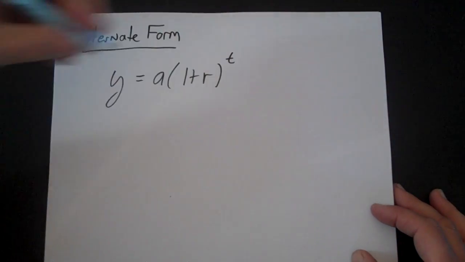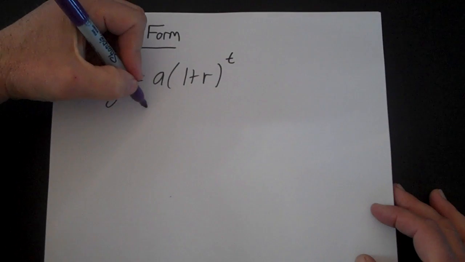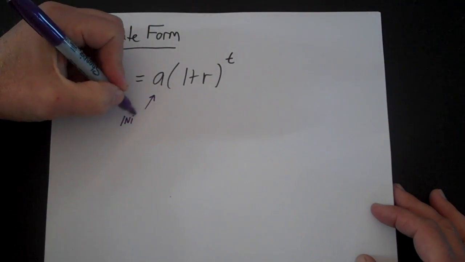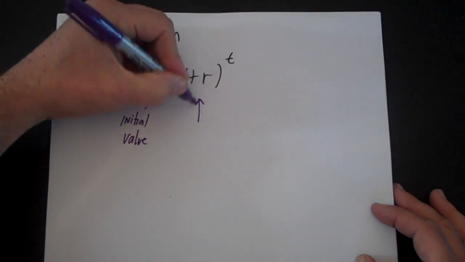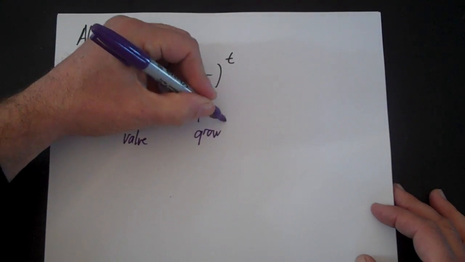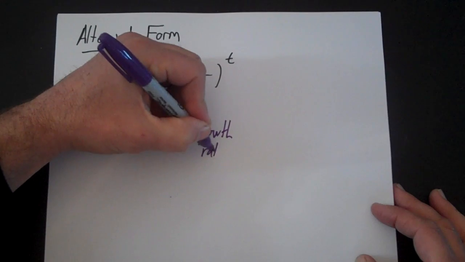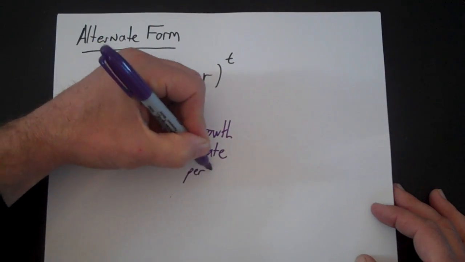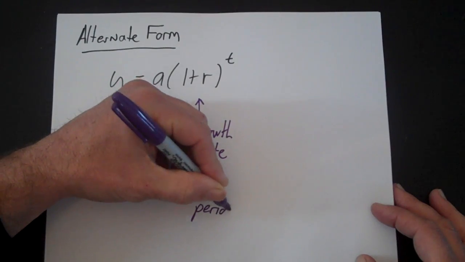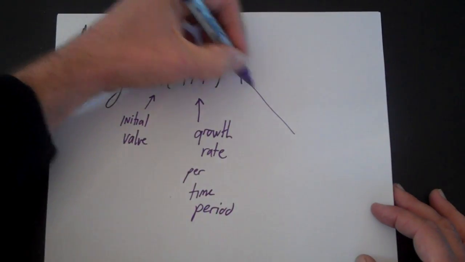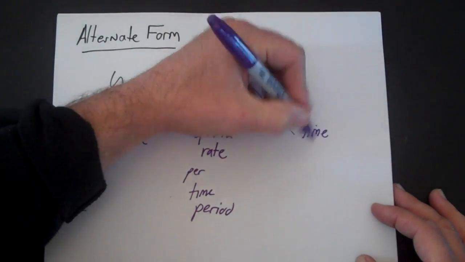In this case, a again is the initial value. r is going to be the growth rate per time period. And t now is going to be the time period.